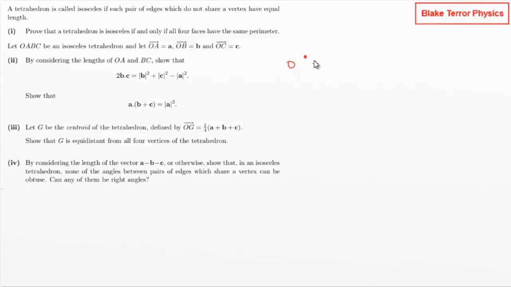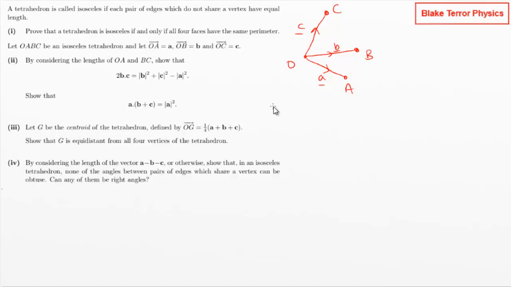So that's our O. Let's say we were going to A, we were going to B, so that could be like the base of our isosceles tetrahedron, and then we've got C, which would be the peak at the top. So this is A, this is B, and this is C.